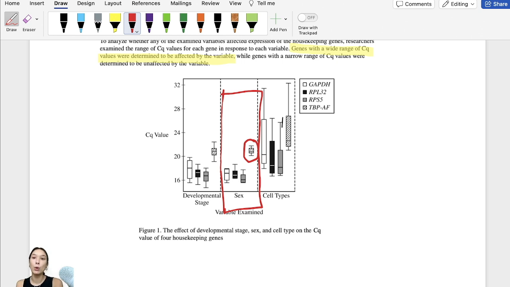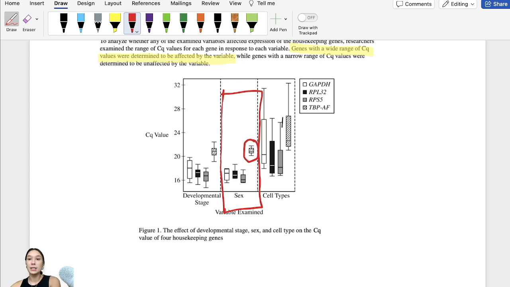Because this is not one data point, this is probably hundreds of data points. So a very small box, meaning a very small range of CQ values, is going to mean that the gene is pretty constantly expressed. And that's what you want for a control. For a control, you want to find a gene that is pretty constantly expressed so it serves as a good reference point, right? In this case, it does not matter what the CQ value is, because either way, you're going to be comparing and you're going to be subtracting. What does matter is how spread out the data is.